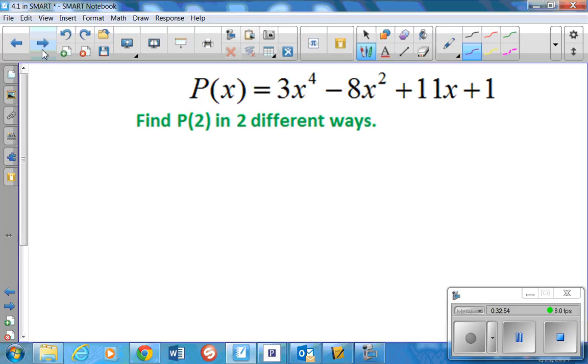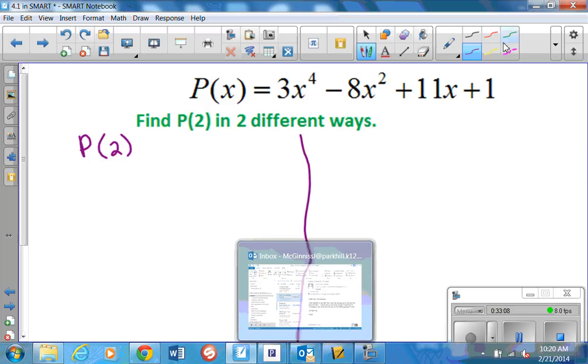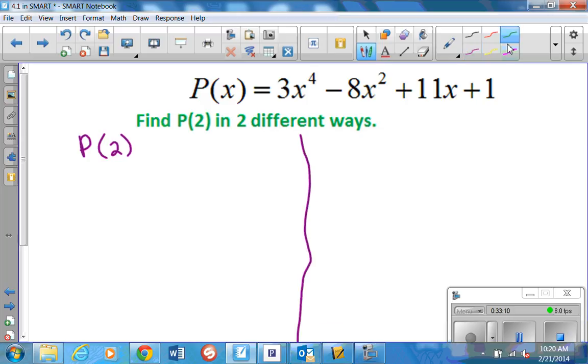So, if you have this equation right here, this polynomial of 4 terms, quartic, and I want you to find the p of 2 in 2 ways. So the first way I'm going to do it, you meant to write that down. The first way is I'm just going to plug in a 2 into the original equation.